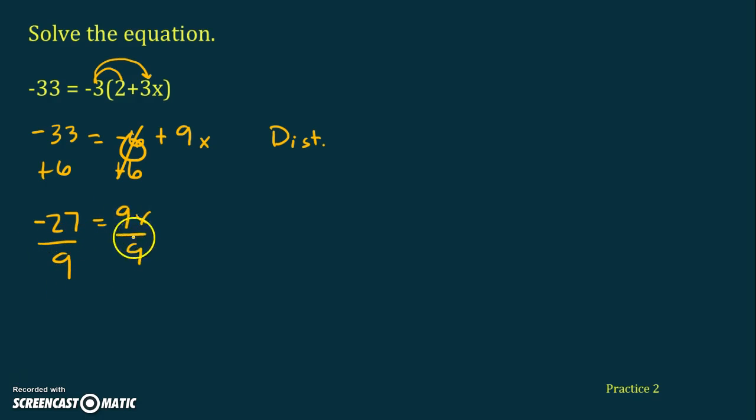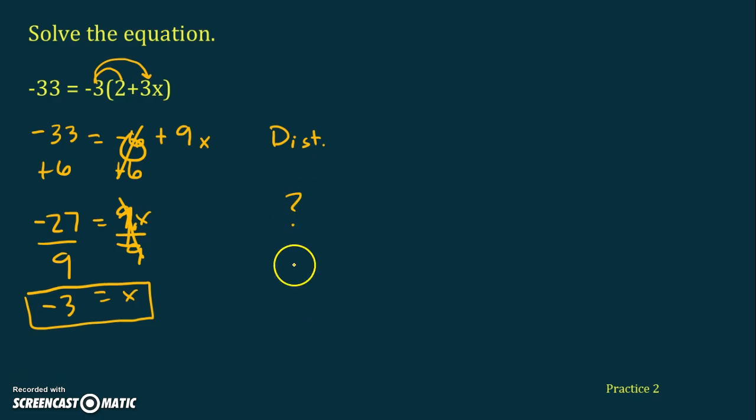Here we have 9 divided by 9, which is just 1. 1 times x is just x. And on the left side, when we simplify, we've got negative 27 divided by 9, which is a negative 3. So we don't have justifications for this step or this last step yet, but we'll learn those as we go through these lessons.